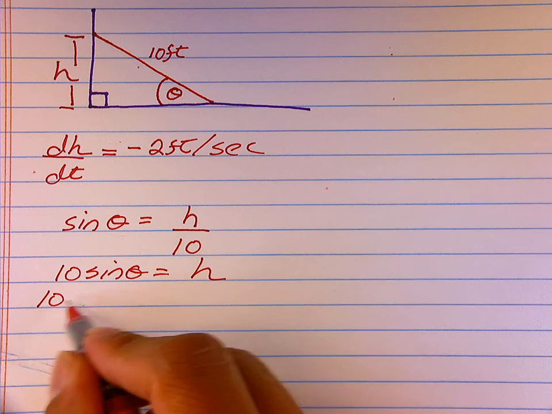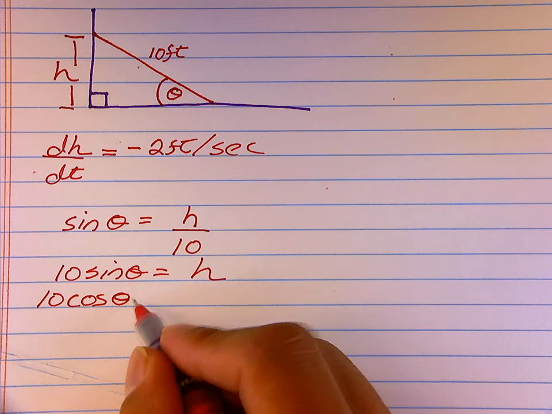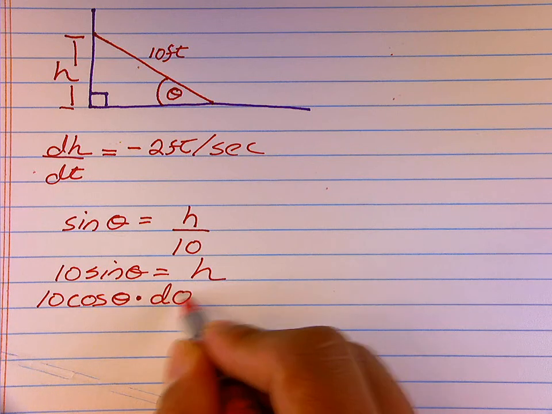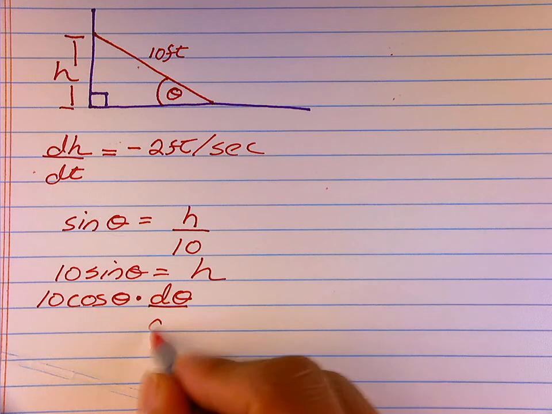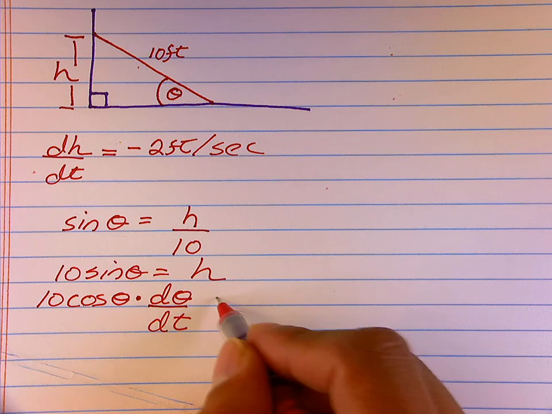So the derivative of sine is cosine of theta times, in this case, d theta/dt, which means that there is a derivative with respect to time, but theta is not equal to time, so I need that two-step with the chain rule.